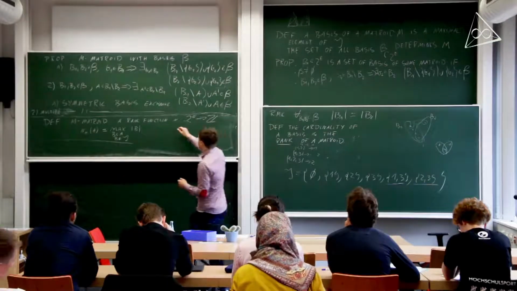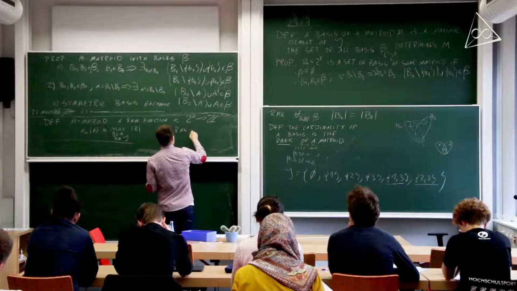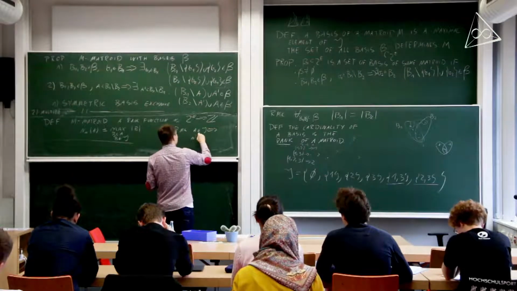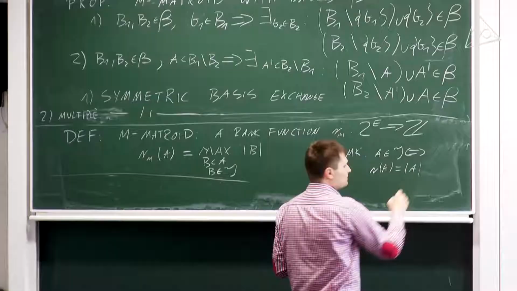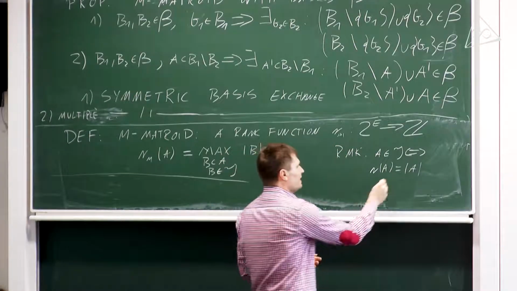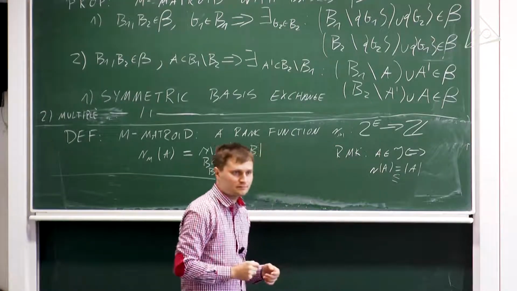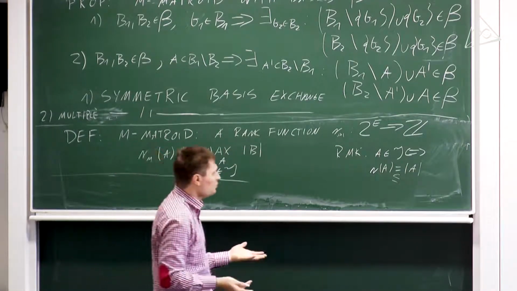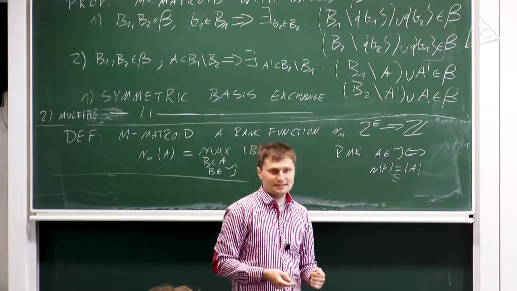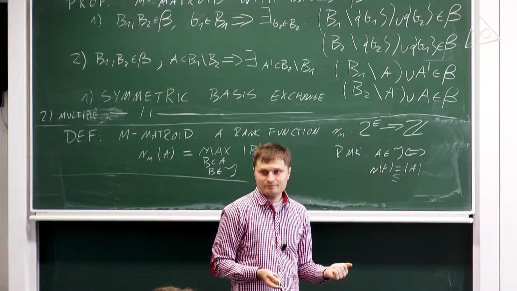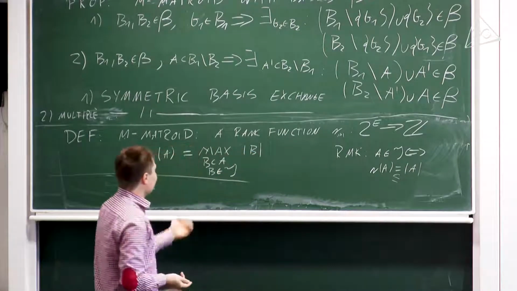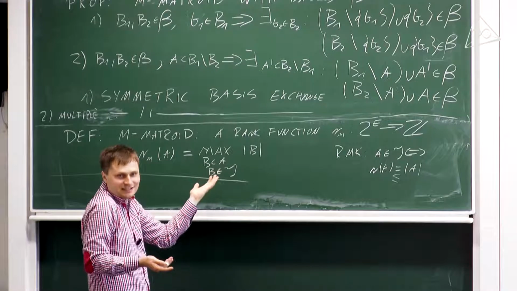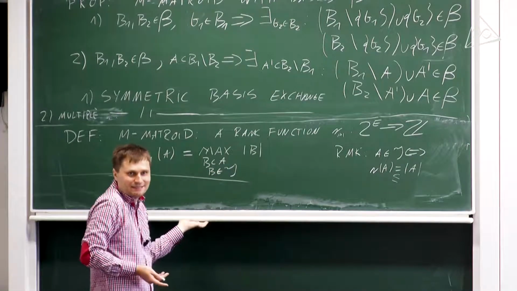So that's a small remark: A is independent if and only if the rank of A is the cardinality of A. It's always smaller or equal, by definition, because it's the cardinality of a subset. But if it is equal, then we get an independent set. Is this clear? The cardinality of a largest independent set in a set is equal to the cardinality of that set if and only if this set is independent.